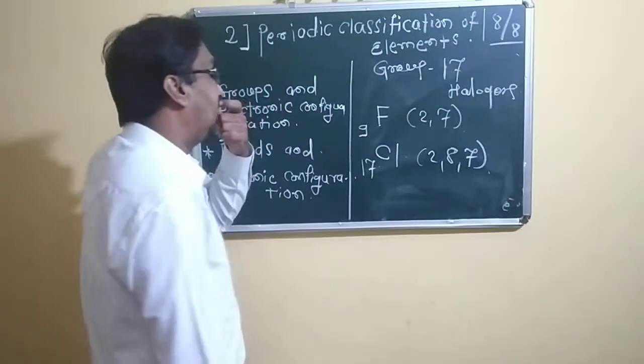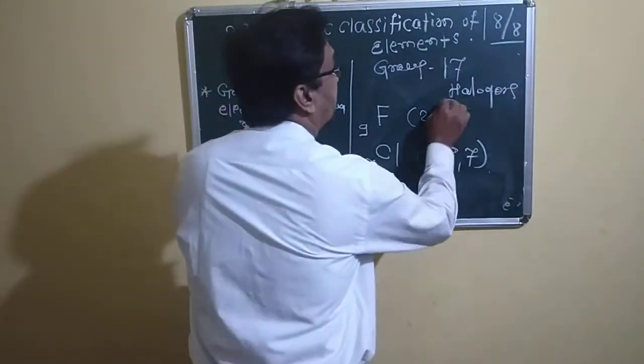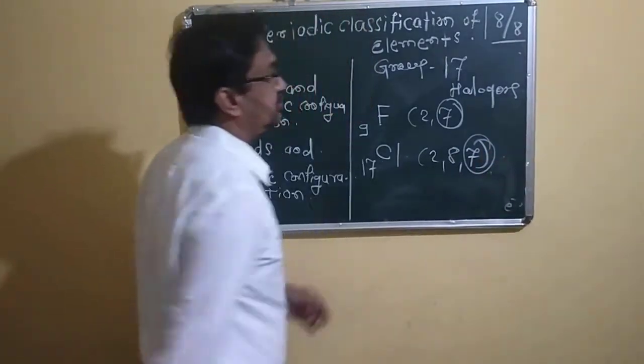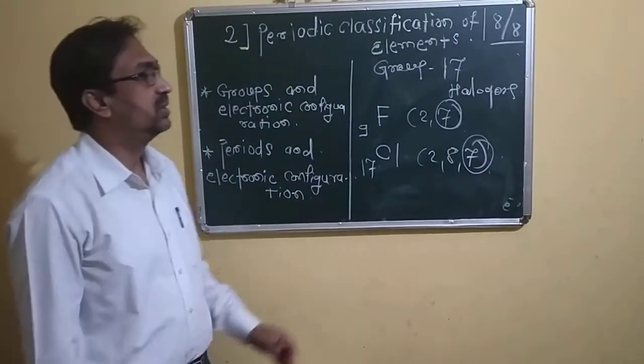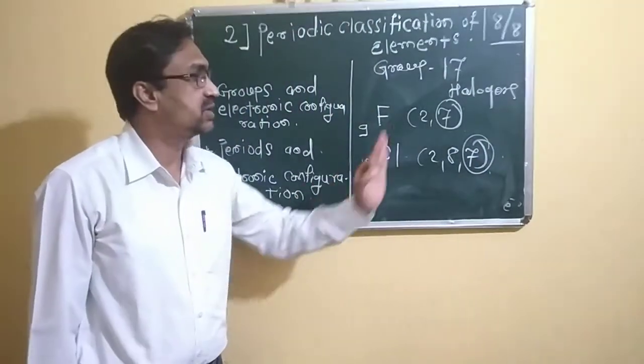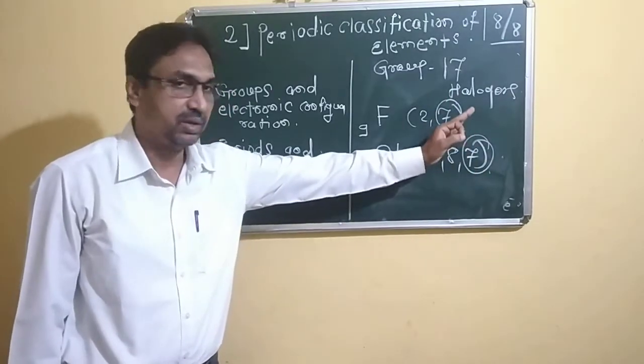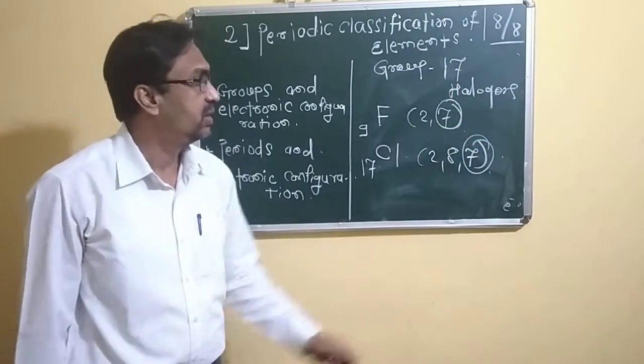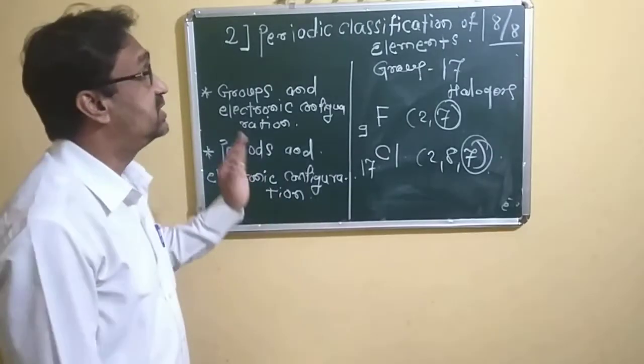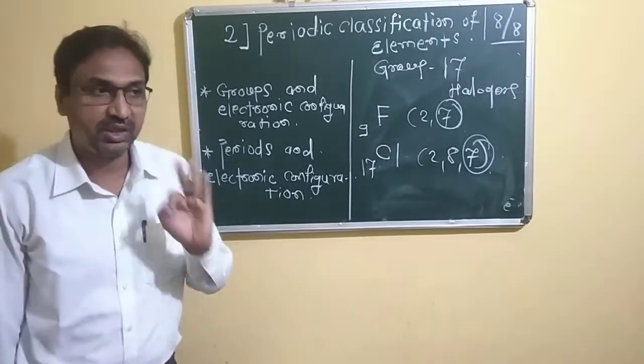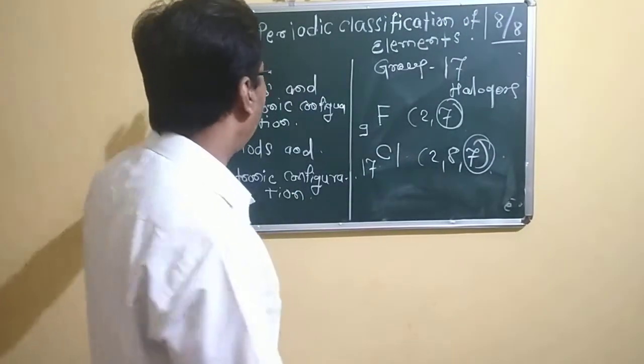In this way, in the last orbit, the number of electrons in the last shell, the outermost or valence orbit, is the same, and that is the peculiarity, a specific thing we can find in the modern periodic table.